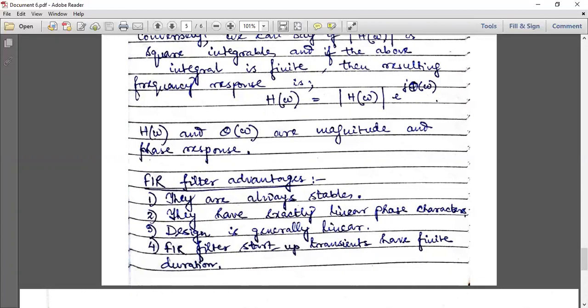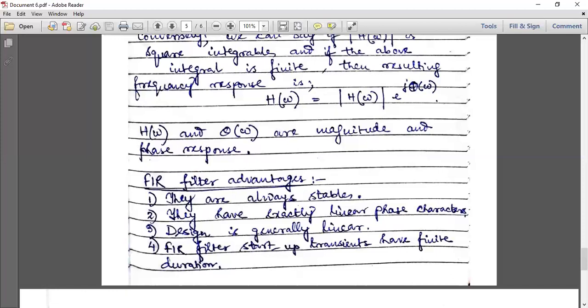From the Paley-Wiener theorem, we can conclude that the magnitude response cannot be zero at some frequencies, but it cannot be zero over any finite band of frequencies, since the integral then becomes infinite.